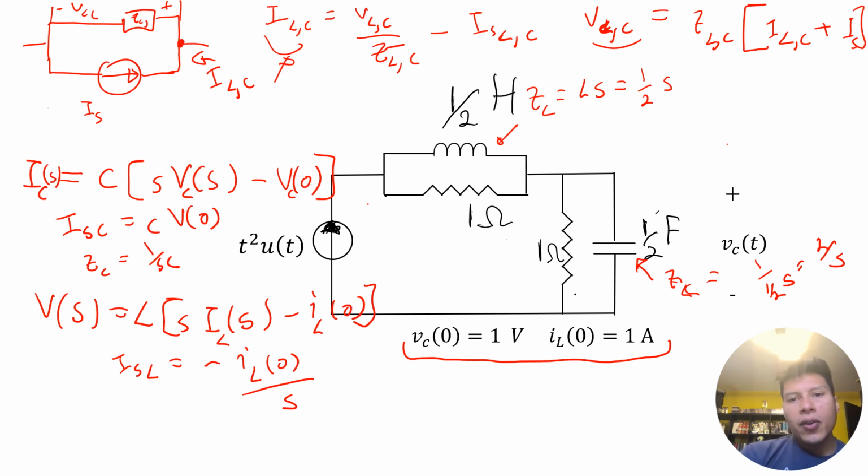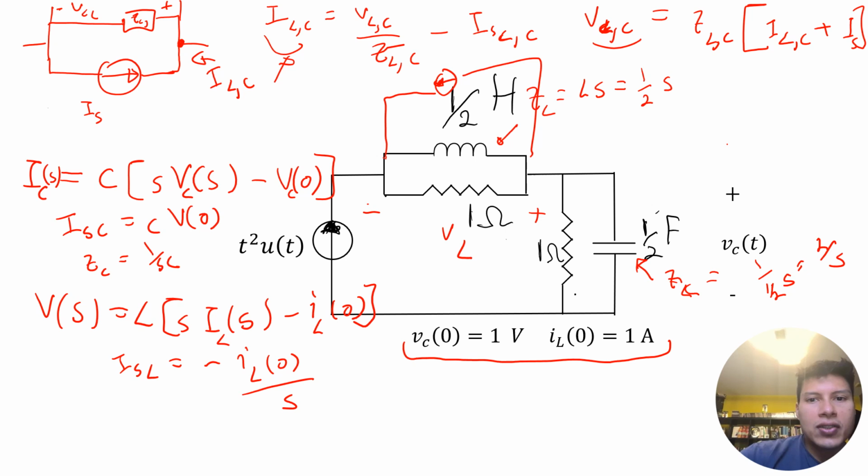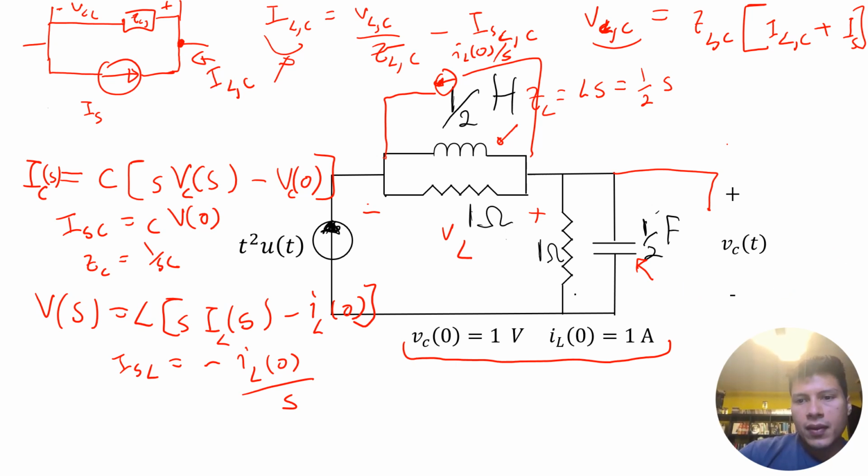Okay, so now to replace this circuit, we just simply use a parallel configuration which involves the inductance, and now we just add that current source, which, if you assume that the voltage goes from here to here, V_L has to point in the opposite direction, and it's going to be I L of 0 over S. And then for this capacitor, this should be 1 over 2, so this becomes 2S, and this becomes S over 2.